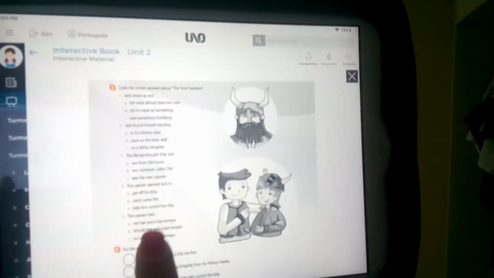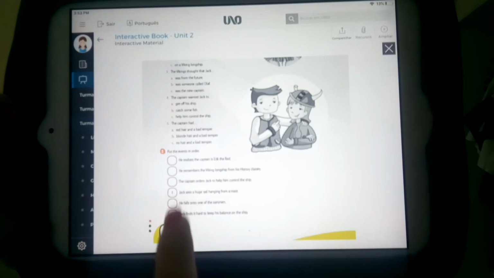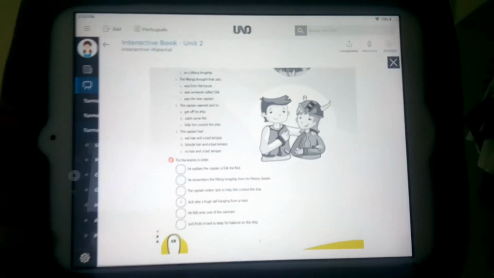Okay, so circle the correct answers about the text, and the second one is for you to put the events in order. So you read the sentences, and then you need to remember the text, or read the text again, and put in order.